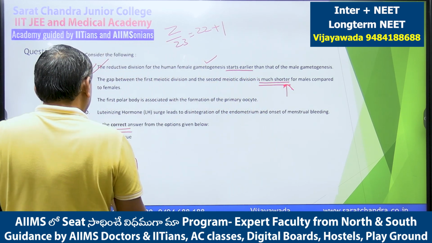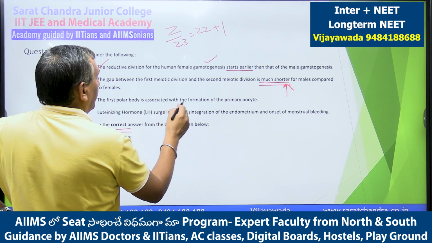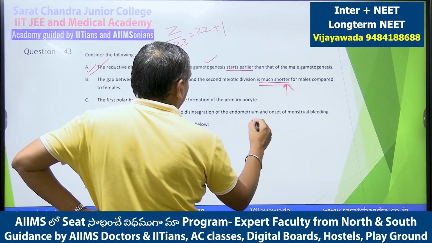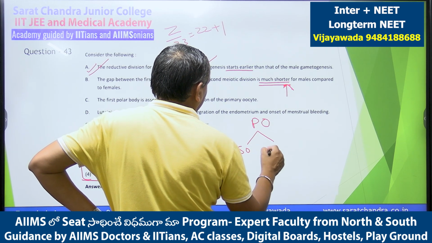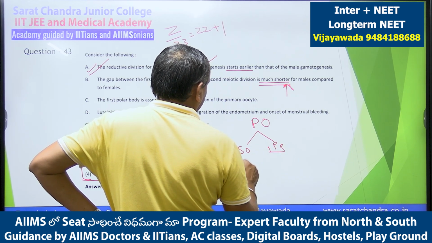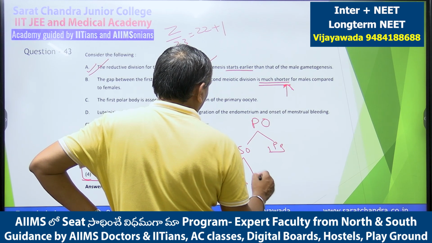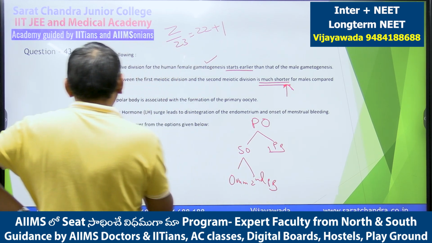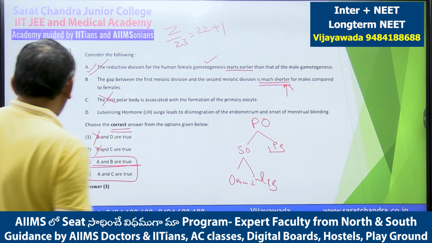So you will say this is correct. Why is the third wrong? First polar body is related with the formation of secondary oocyte? No: primary oocyte, secondary oocyte, first polar body. Then this is the ovum and second polar body. So it is not at all related. So third is wrong. A and B are correct.